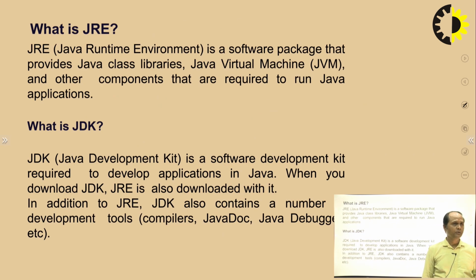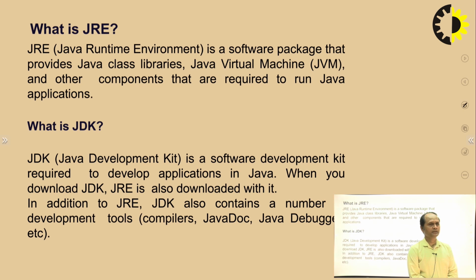What is JRE? JRE means Java Runtime Environment. It is a software package that provides the Java libraries, Java virtual machine and other components that are required to run a Java application. Basically it is an environment used to run a Java program. What is JDK?